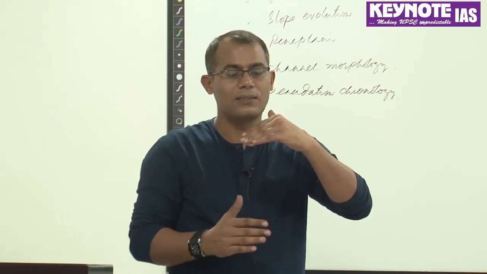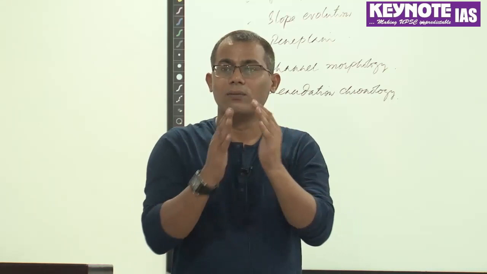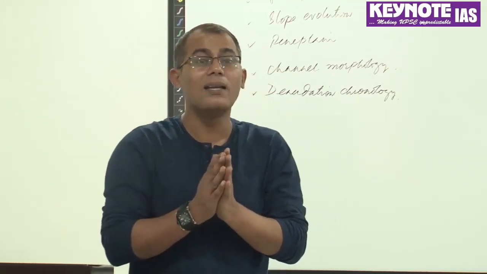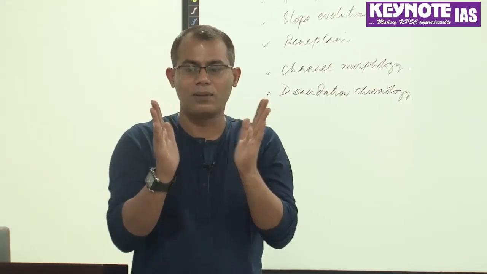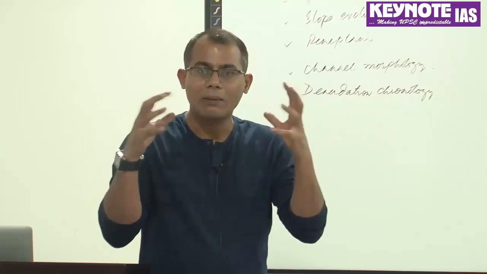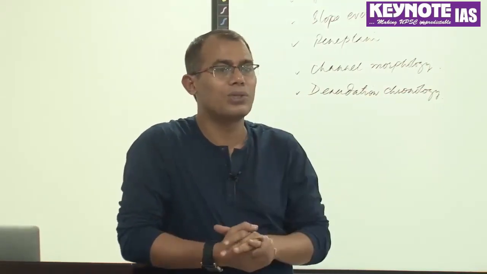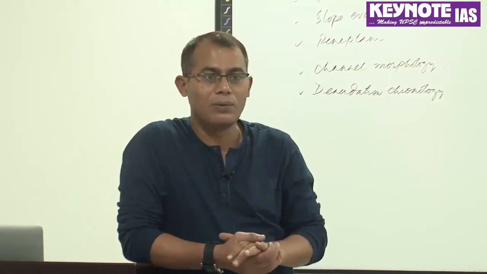So let's say suppose this is slope replacement, right? What L.C. King says is parallel retreat. So the slopes of two different rivers are taken as an example, parallel retreat, right? So the complexity is fundamentally associated with the area of work of these geographers, number one.